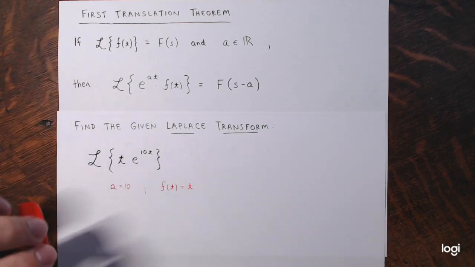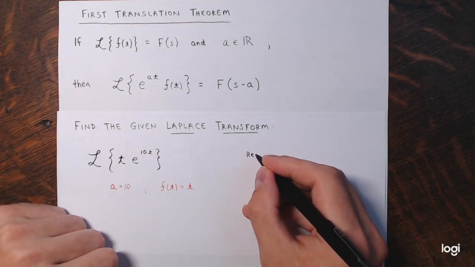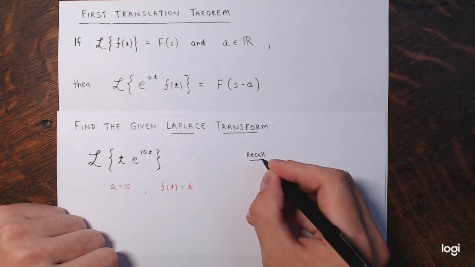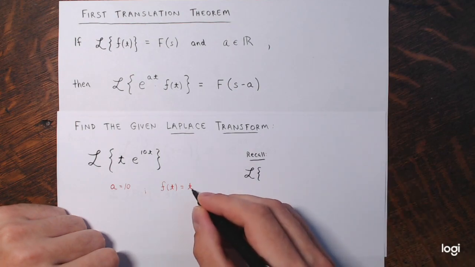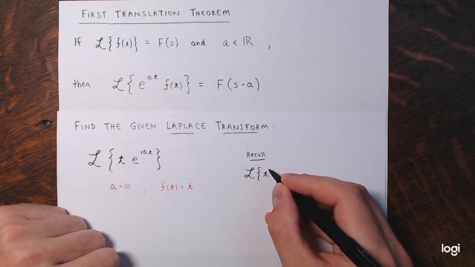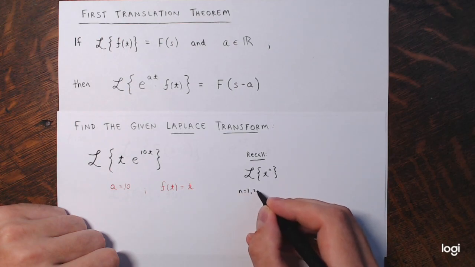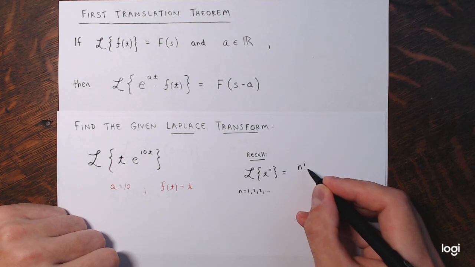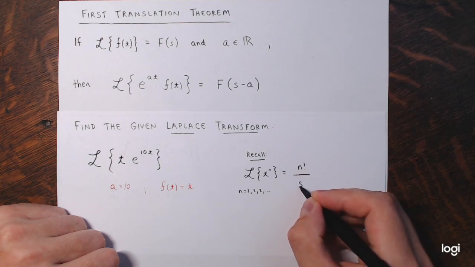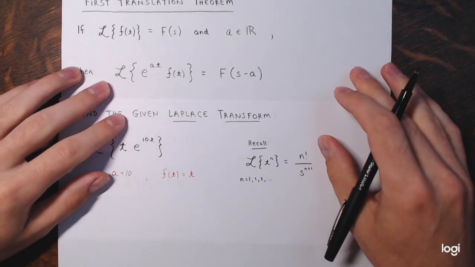Alright, now hopefully you recall that the Laplace transform of t, or some power of t, I'll say t to the nth, where n is a positive integer, was n factorial divided by s to the n plus 1 power. Okay.